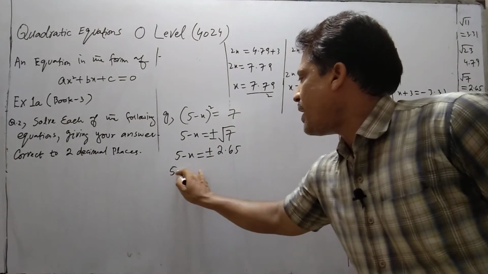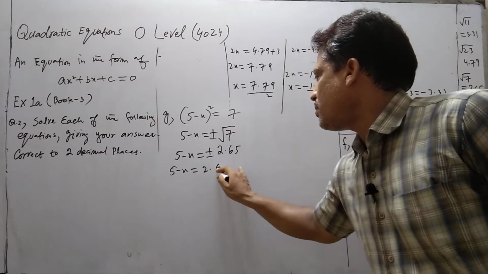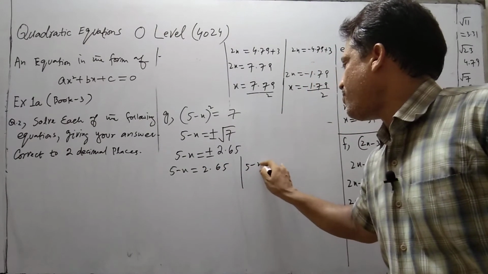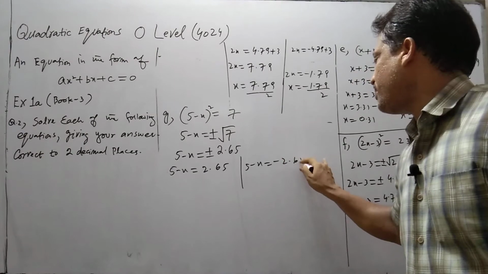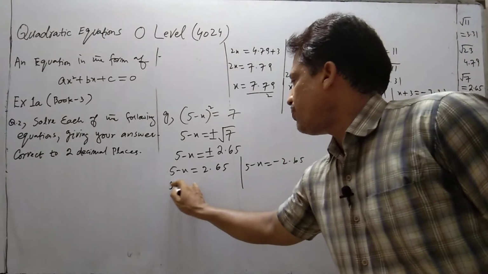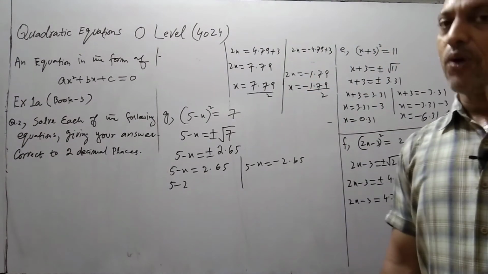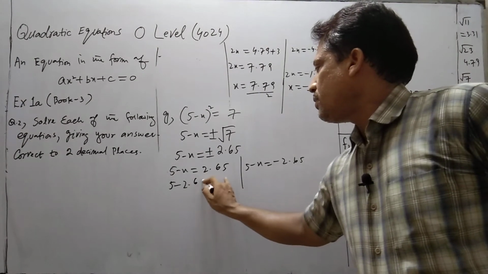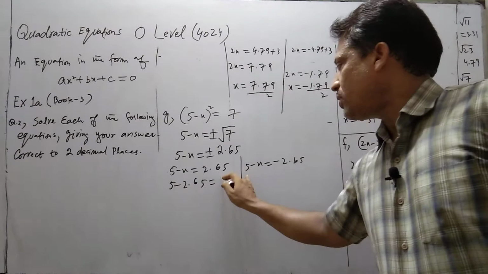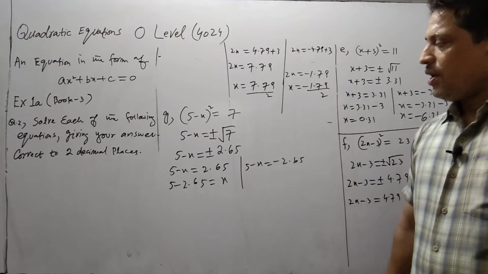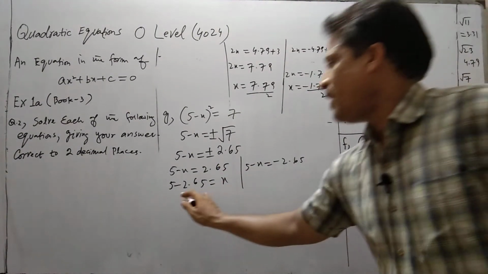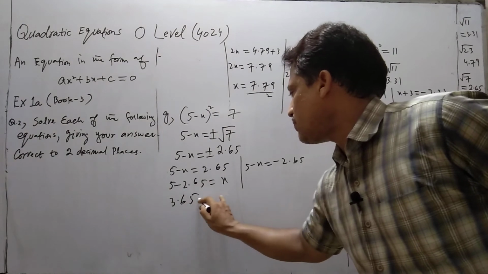So 5 minus x, write with plus, and 5 minus x, write with minus. Move this 2.65 to this side, because we have to find the positive value of x, and move this minus x to this side, we will get x. 5 minus 2.65 is 2.35.